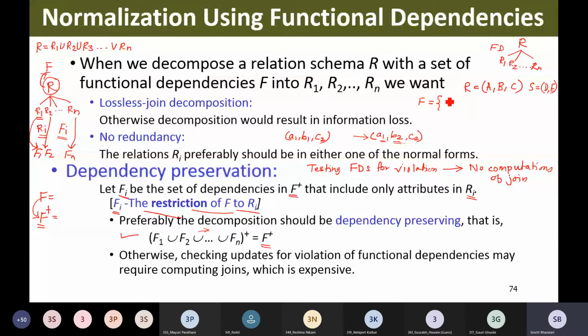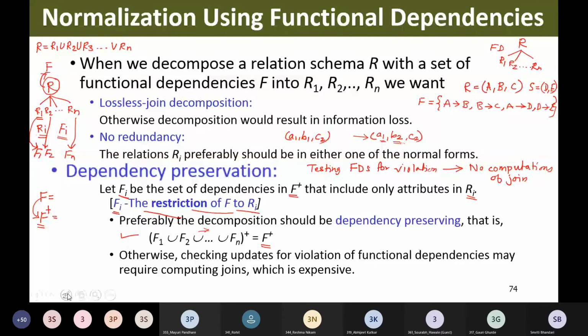Let us assume F is equal to A determines B, B determines C, A determines D, and D determines E. So in my set of functional dependencies, we have these four functional dependencies.